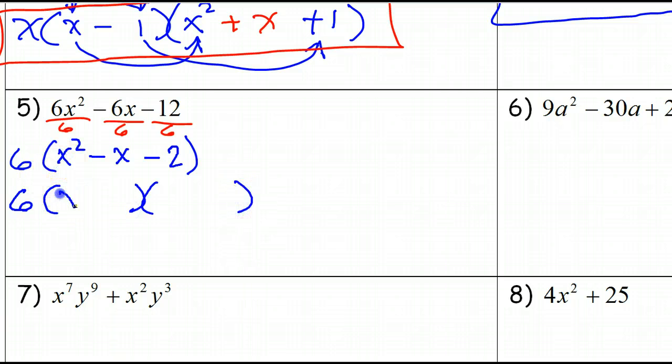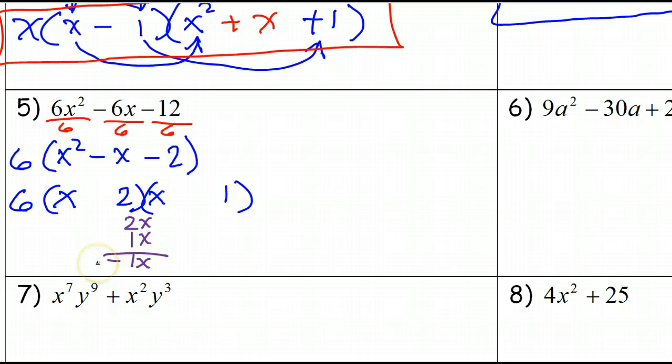So keep the x and keep going. So x squared is x times x. Alright, 2 can only be 2 times 1. Inner, we have 2x. Outer, we have 1x. We're trying to get a middle of negative 1x.